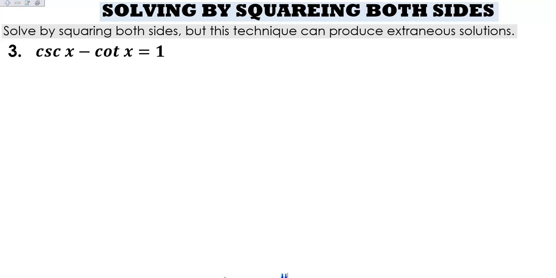However, we're going to take one step before we do that so that we don't make our lives miserable for ourselves. All right? So a way to keep our life a little bit easier is to take all of one trig function and put it on one side of your equation, all of your other trig functions and put it on your other side. So I'm going to leave cosecant of x over here, and I'm going to add cotangent to both sides.